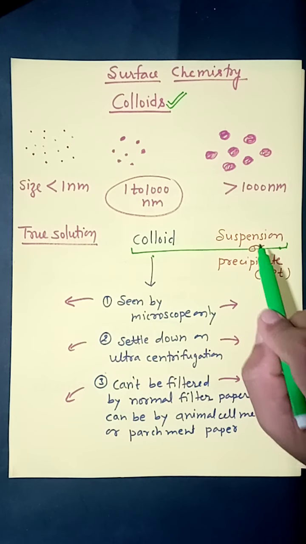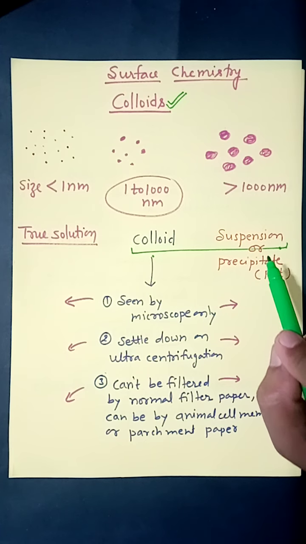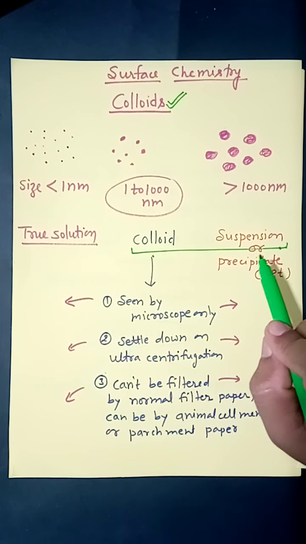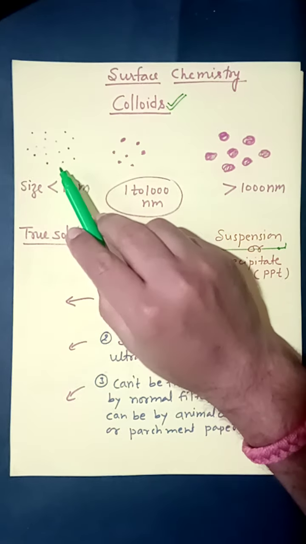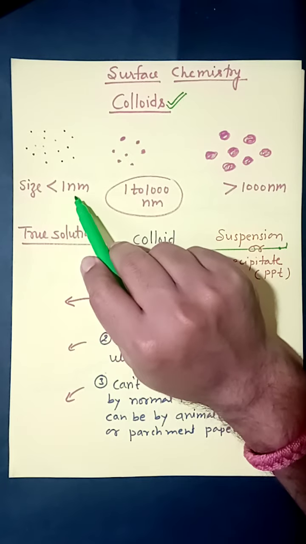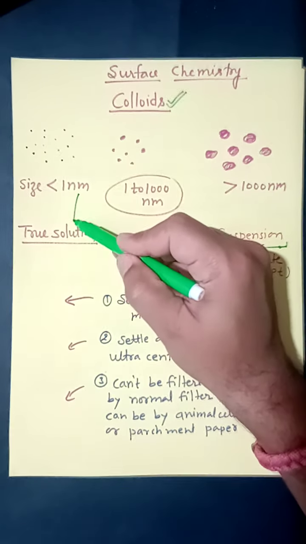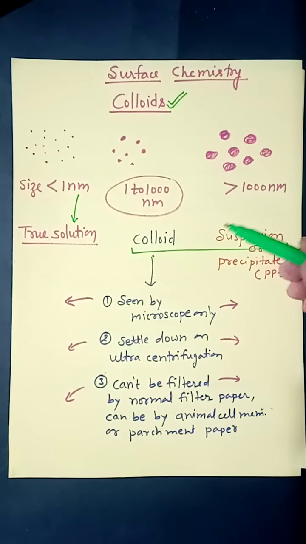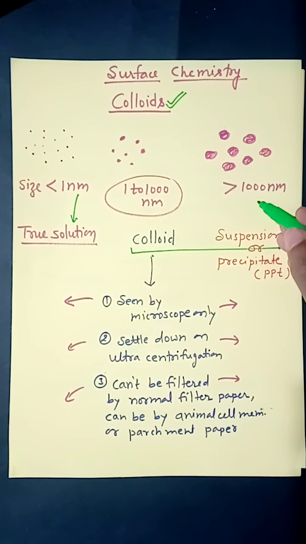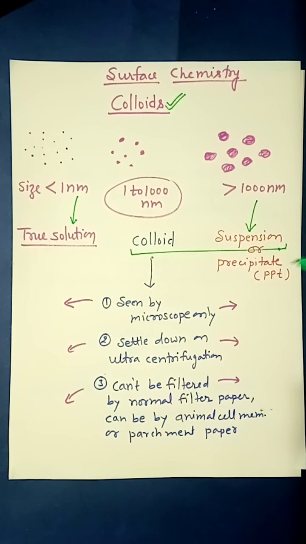The basic difference between these three types of mixture is the size of particles. Whenever the size of particles is less than 1 nanometer, then it is considered as true solution. If the size of particle is more than 1000 nanometer, these are big enough particles to be seen by naked eyes, and it is considered as suspension or precipitate.